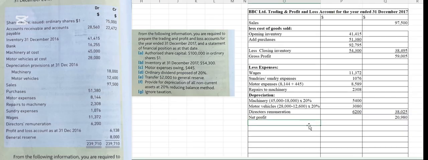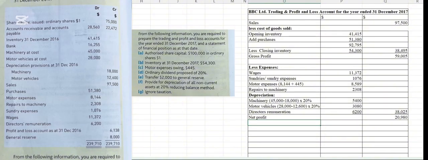Now, on some occasions, when they ask you to do an appropriation account by itself, they don't always give you a retained profit from the previous year, but some questions do provide that. For example, if you scan through this question, you will see where they actually provided this to us. Profit and loss accounts as at 31st of December 2016.